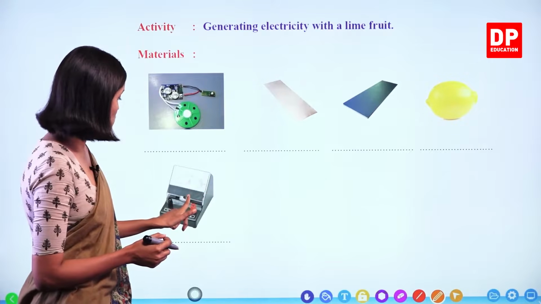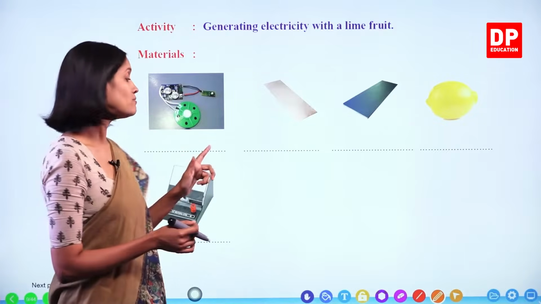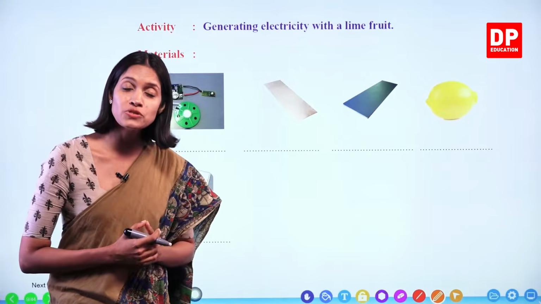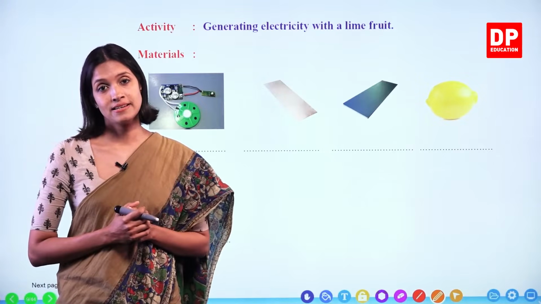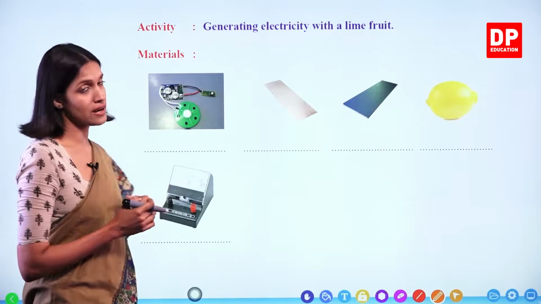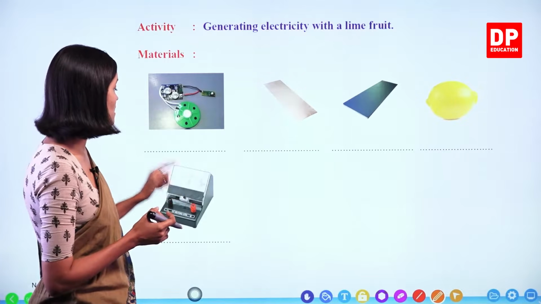And look at this one. This is called a galvanometer. A galvanometer is an instrument in the lab that we can use to identify a flow of electric current. There are different types of galvanometers, right? A galvanometer has a small arm.